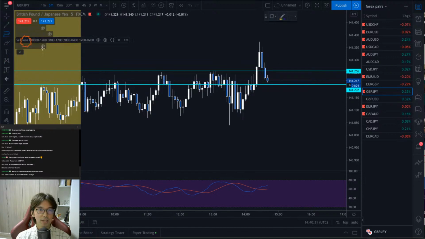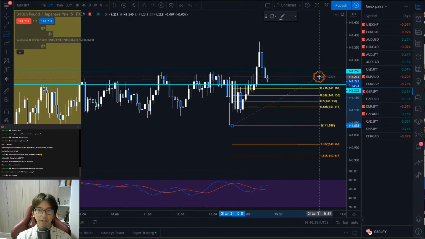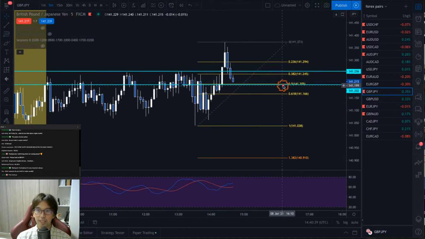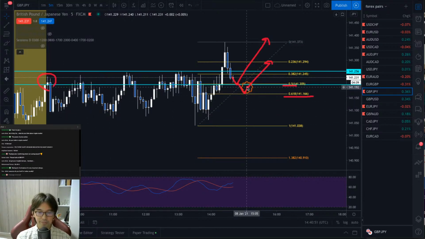So I will just leave the Fibonacci like this and see if the market respects one of these lines, 50% or 61.8%. If it goes this way, then that can be the second confirmation along with this Tokyo box breakout. Fibonacci bounce.